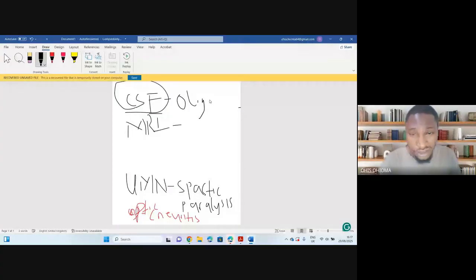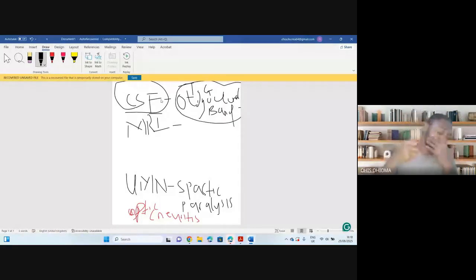This is very, very high yield, right? Oligoclonal bands, very, very high yield for you to know. And it's usually IgG, right? So there's a large amount of IgG oligoclonal bands in the CSF when you do a CSF tap, yeah? And then when you proceed to do an MRI, what you see is periventricular plaques.